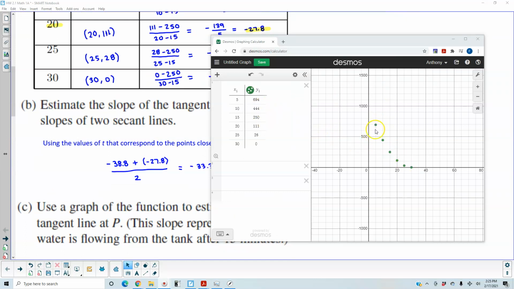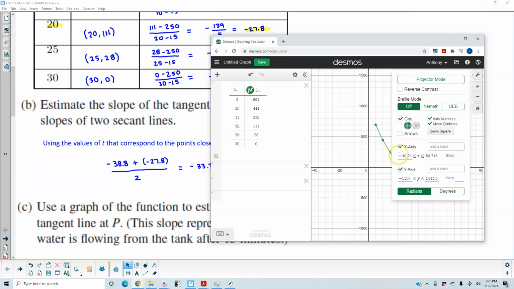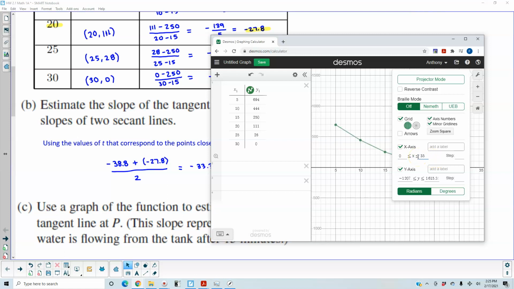Okay, we want to make sure we can draw a line. By doing that, we're going to go up here and select settings, and then select this dot. Over here where it says line, we want a line to go through that. Then the next thing we want to do is create our viewing rectangle to go from 0 to 30 for X. So we'll go from 0 to 35 just so we can see that window.